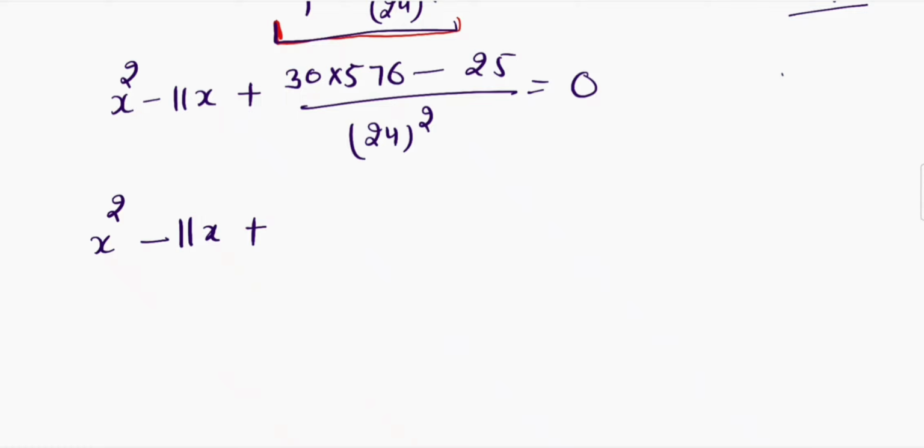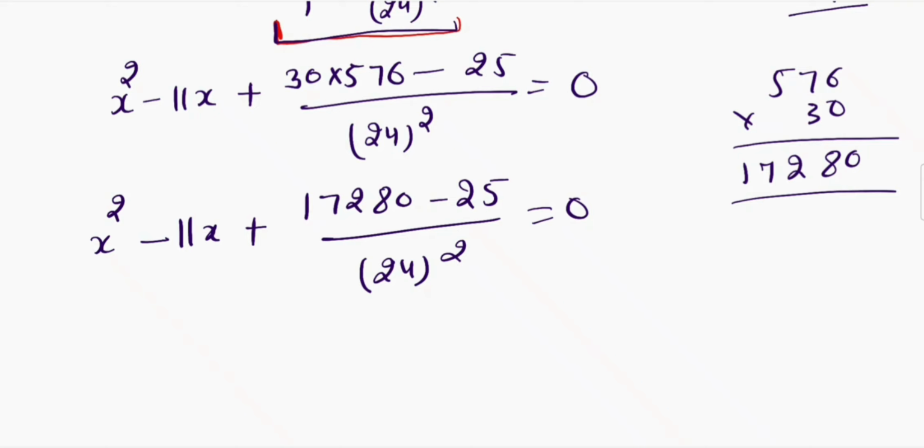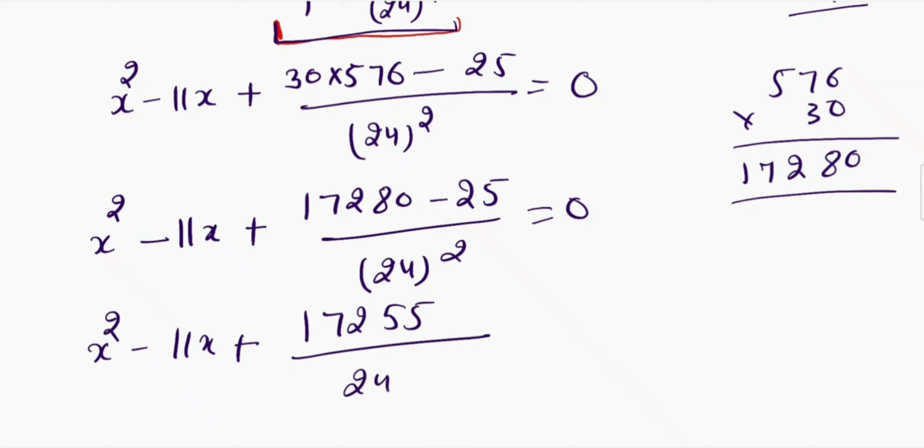Now I multiply 576 with 30 and get 17280. So I write 17280 minus 25 divided by 24² equals 0. If I subtract these two, I get x² - 11x + 17255/24² = 0.